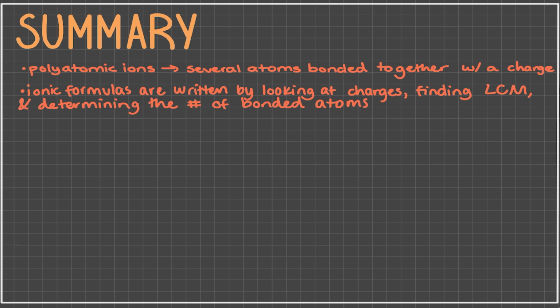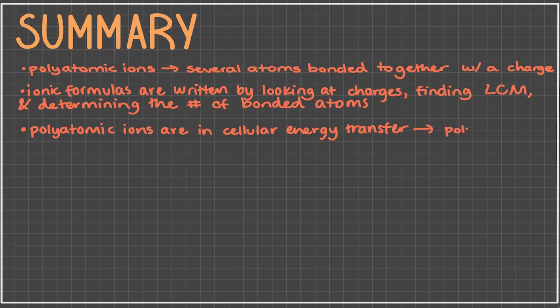Then we write the formula with the appropriate amount of atoms, and that would be our finished answer. Polyatomic ions are present in cellular energy transfer, which is achieved by transferring the polyatomic ion phosphate to other molecules.